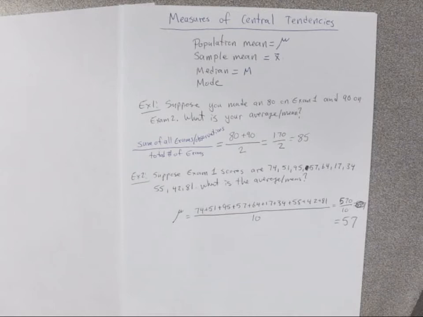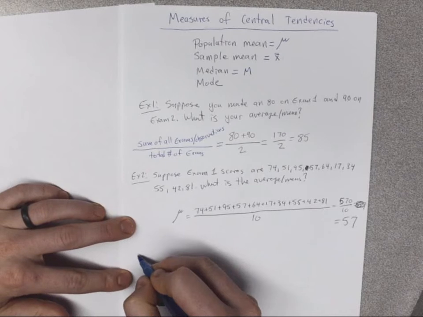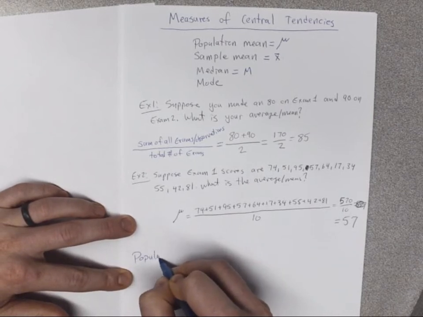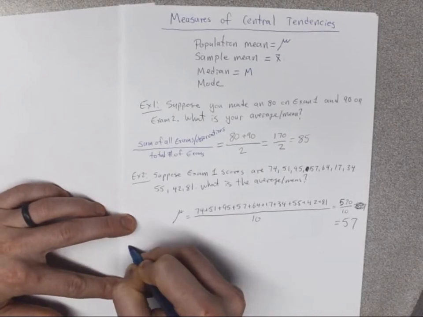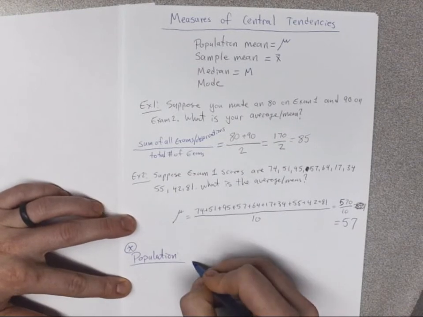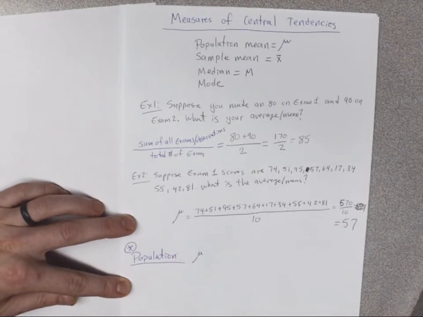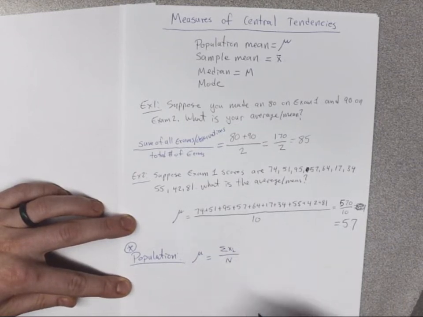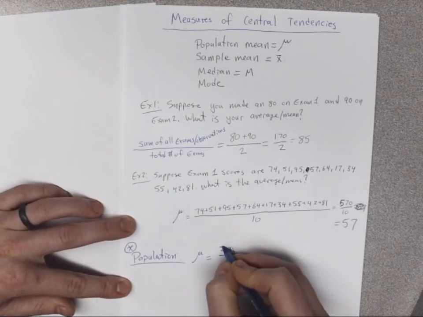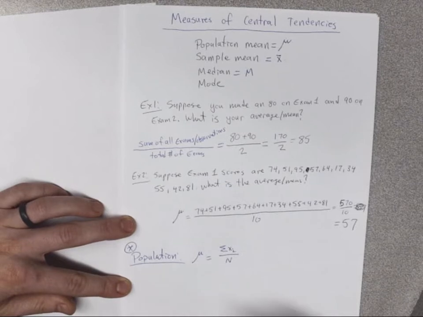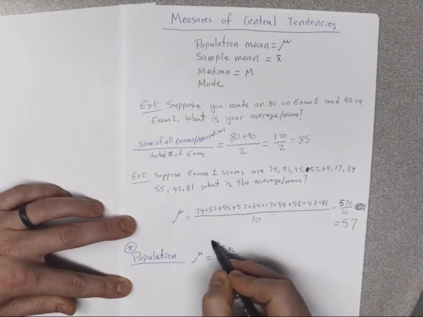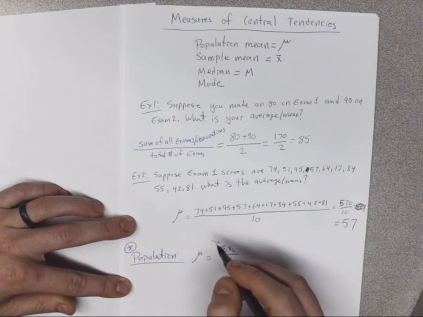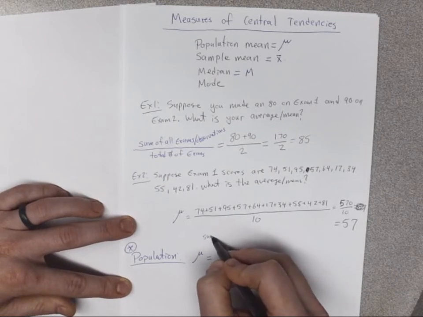All right, so in general, when we're dealing with the population mean, I guess you can call this the short definition, it's labeled as mu, and that equals the sum of all the observations divided by capital N, which is the total number of observations. If you've never seen this before, this E-looking character, it's Greek, but that's what we call the sum.